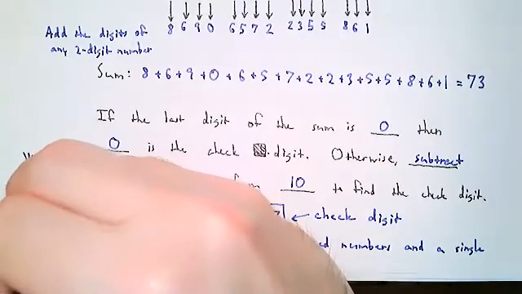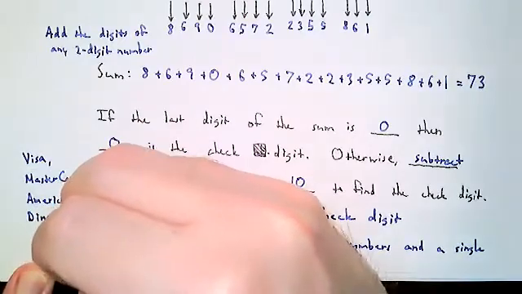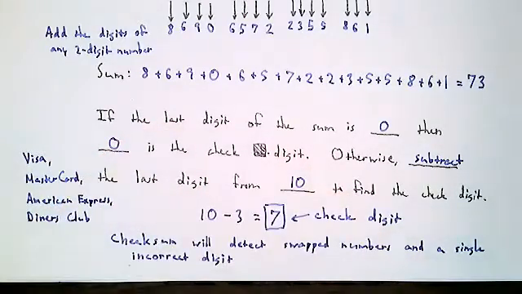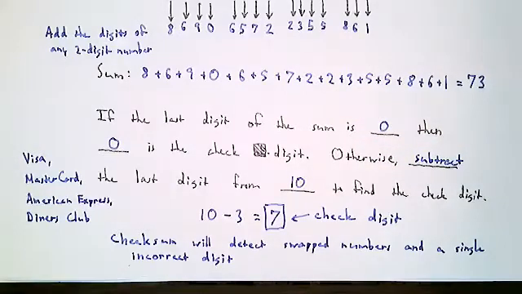Diners Club. If you happen to have one of these kinds of credit cards, then it actually does use this exact method of checksum. So you could take it out of your wallet and do the computations and check it for yourself if you wanted.